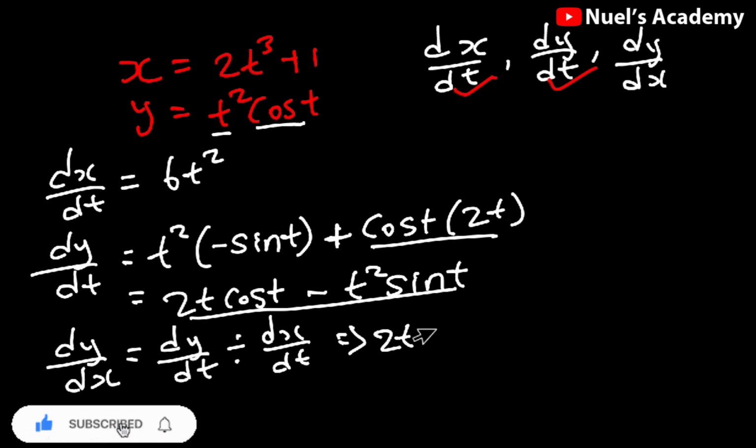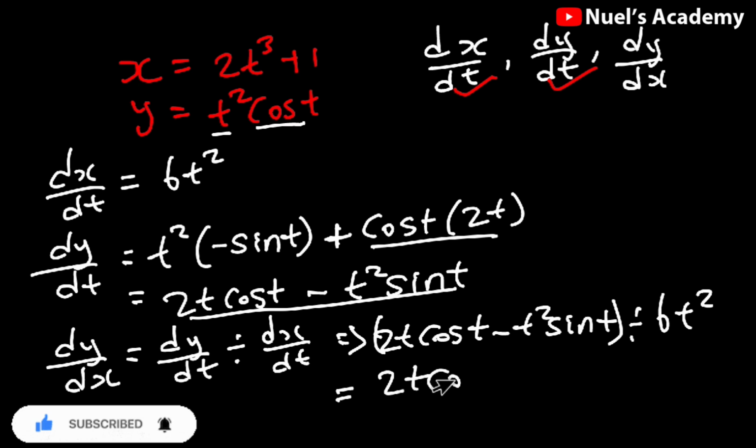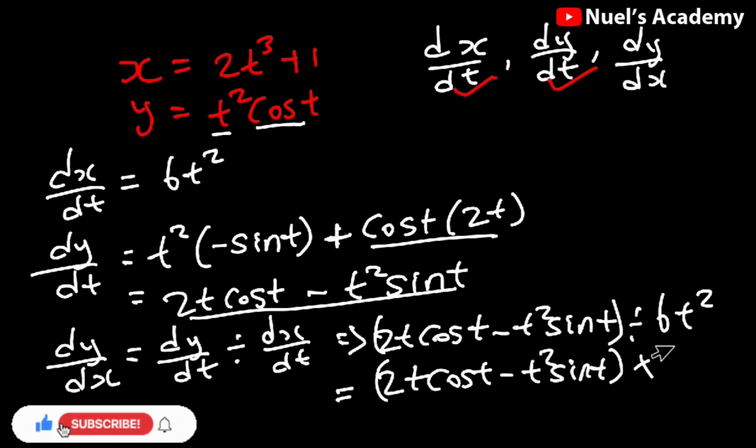So I have 2t cosine t minus t squared sine t, then divided by dx/dt, which is equals to 6t squared. So this is equals to 2t cosine t minus t squared sine t multiplied by 1 over 6t squared.